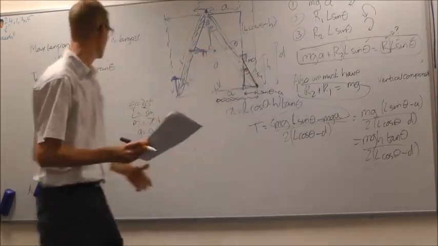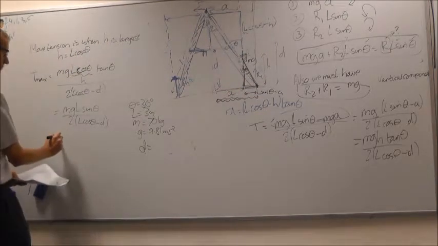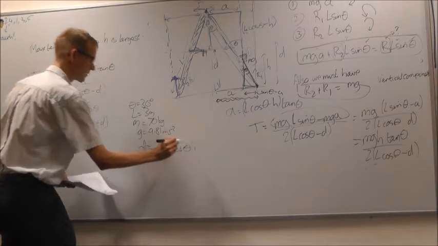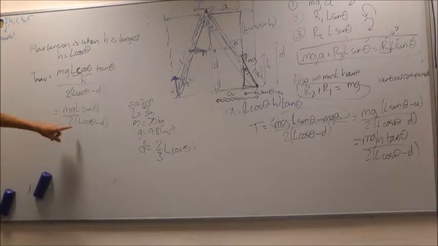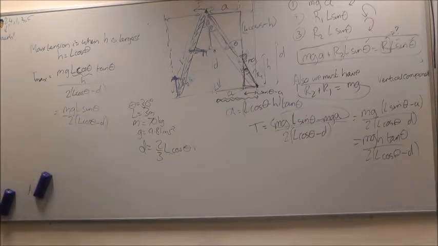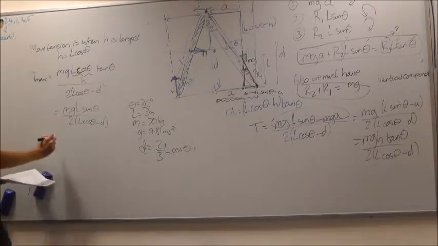So it's 2/3 of L cos theta. And D is 2/3 L cosine theta. Okay, well that makes it easy. L cosine theta minus 2/3 of L cosine theta is just 1/3 of L cosine theta.